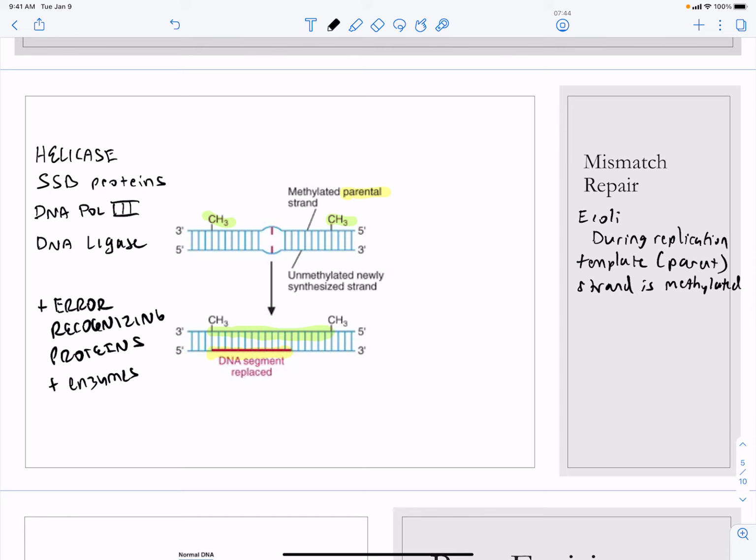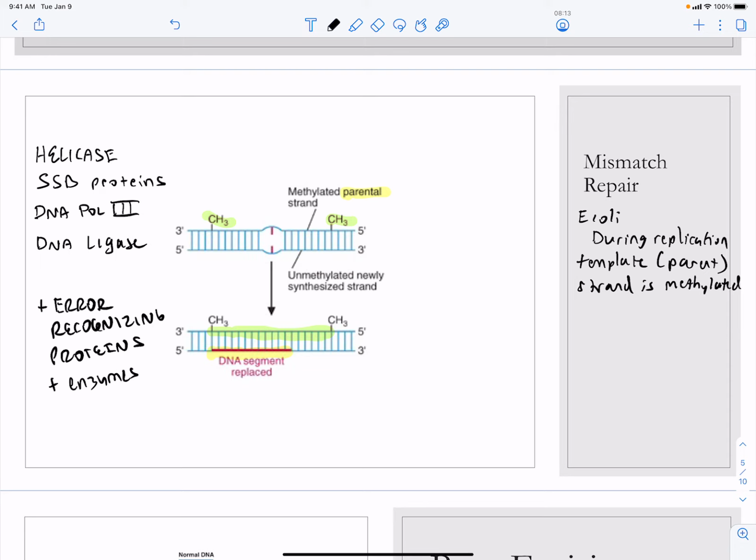So there are, for example, and you don't have to remember these, proteins called deamethylase, MutH, MutL, MutS proteins. All of them are going to be involved in identifying the actual base or region that needs to be changed. And then those are going to help also to identify the strand that needs to be altered, so conserving the template strand.